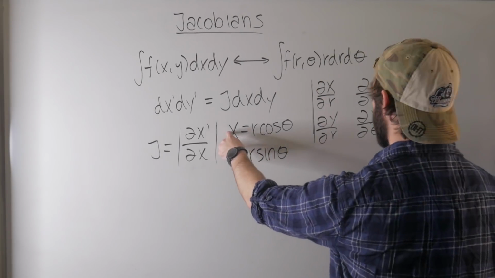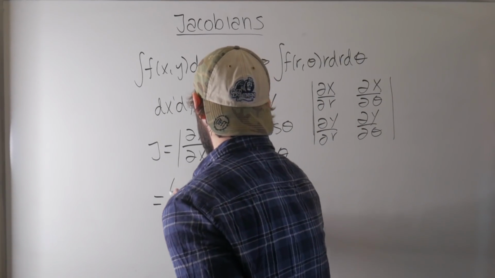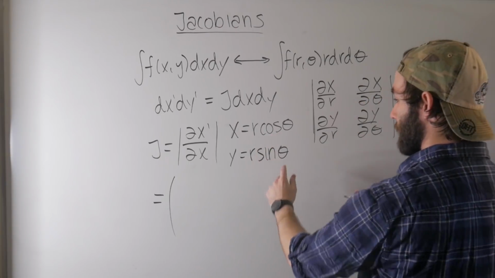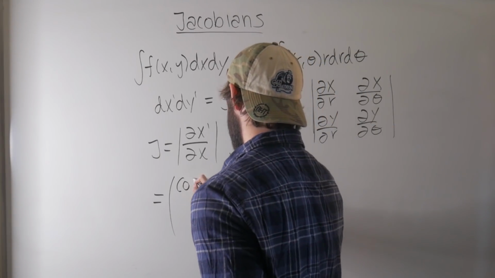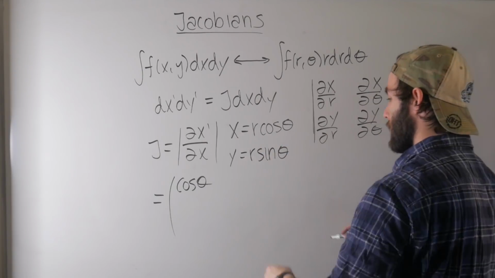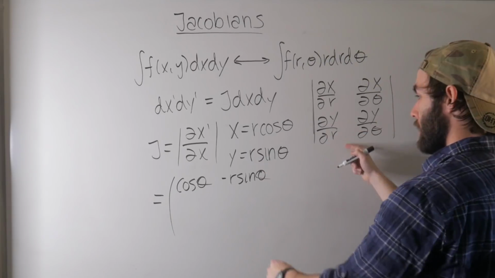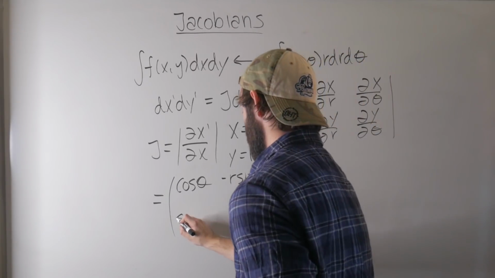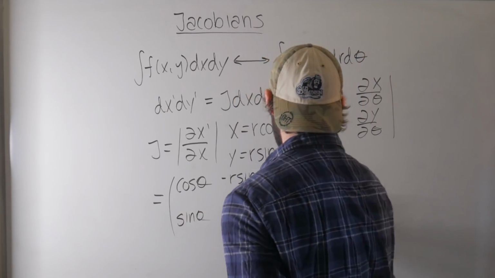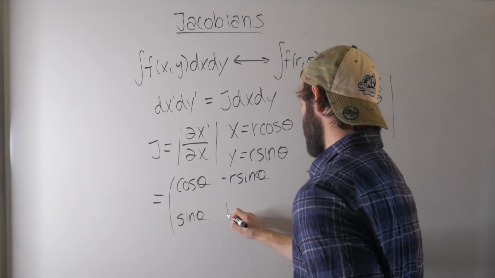And so if these are our variables, dx/dr is just going to give me a cosine theta. dx/d theta is going to give me a minus r sine theta. dy/dr is going to give me a sine theta. And then dy/d theta is going to give me an r cosine theta.